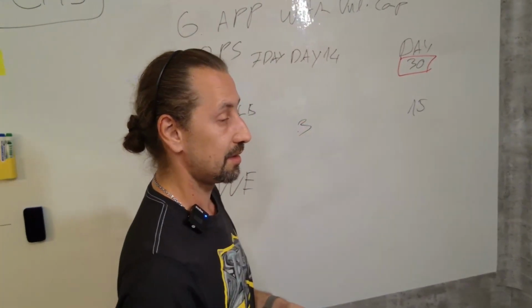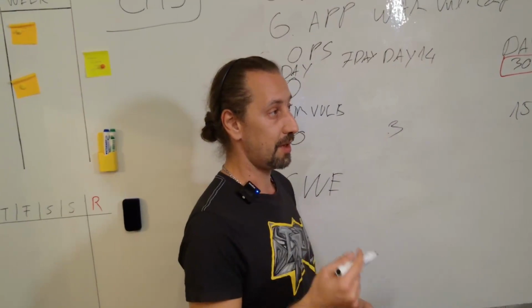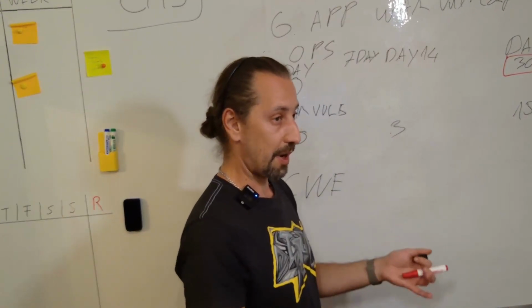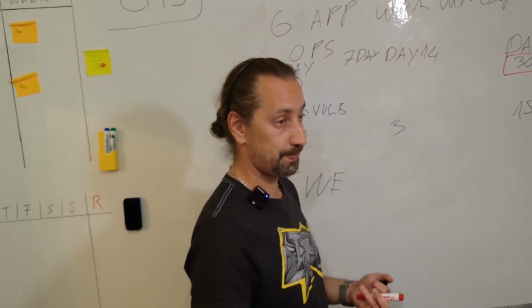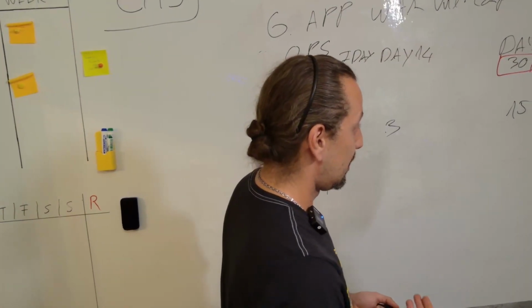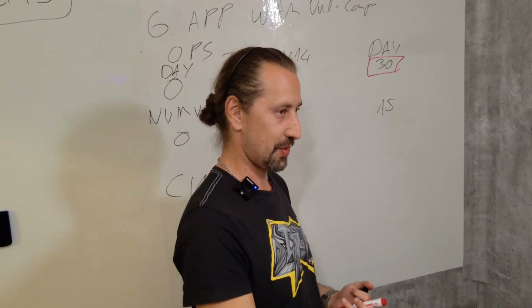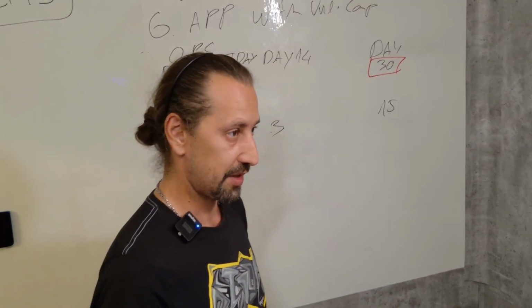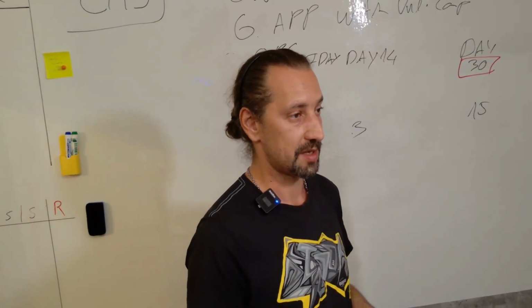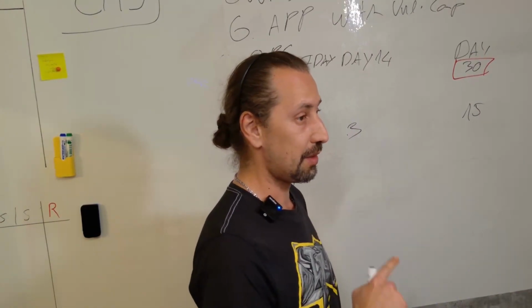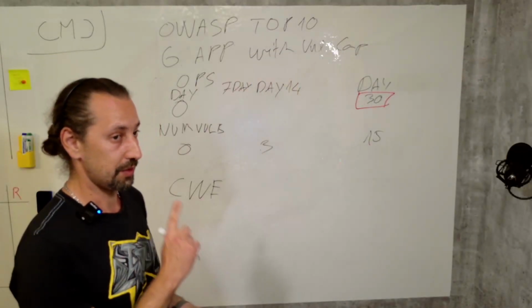But the attacks are already in the public. So when somebody tries to exploit this vulnerability, a 0 day, you will not have any clue if you don't store the logs.